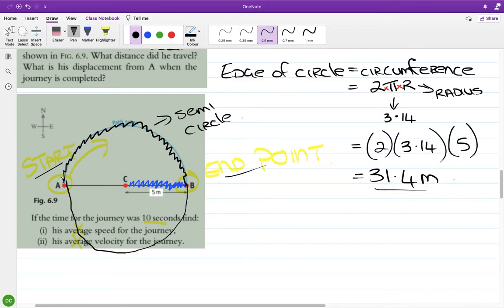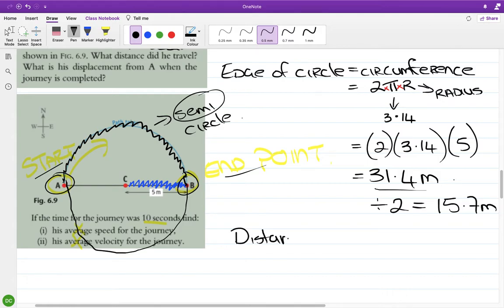But he started at A and ended at B, which was only half the circle. So we're going to need to divide this by 2, which is 15.7 meters. So the distance that he travelled along that curved path was 15.7 meters.